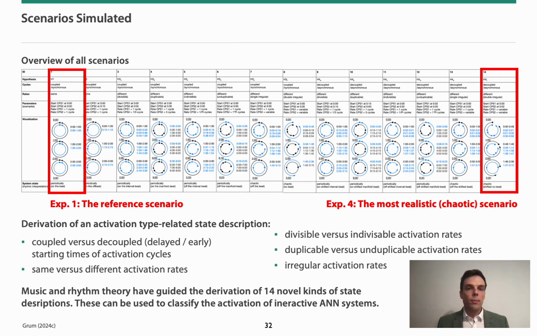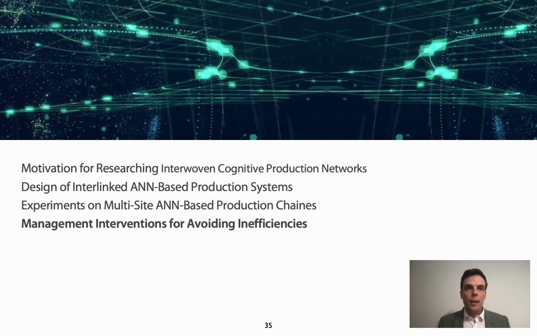Just for orientation, in this presentation, or respectively the article, only 2 scenarios have been presented in depth, ID 1 and ID 14. I highlighted them in red. The exciting thing is, if we are now able to classify the activation type of our ANN systems by one of these 14 new state descriptions, we can intervene by management in order to restore efficiency.